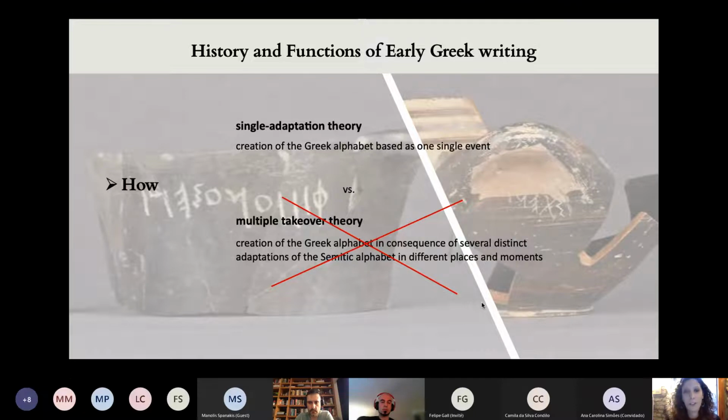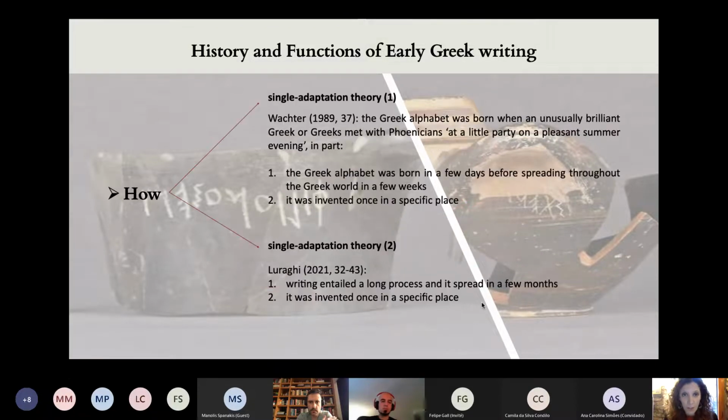The problem, of course, is that this single adaptation theory is not enough to understand the way in which the alphabet was invented and spread. So there are again several thoughts on it. Basically, we have one theory that the alphabet was invented by chance.